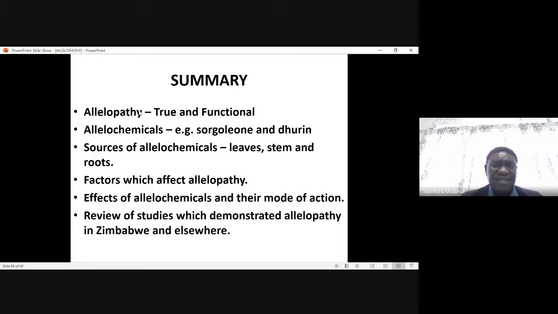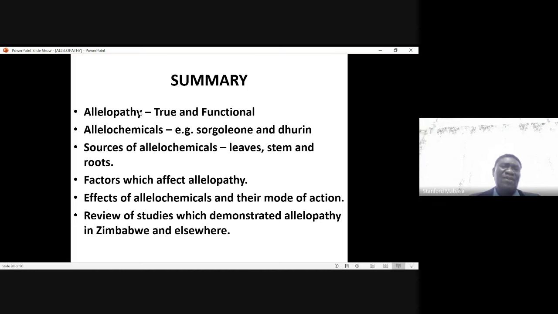So let me summarize what we have just talked about so that you see the path of this discussion. We discussed allelopathy. We said there are two parts: true allelopathy and functional allelopathy.